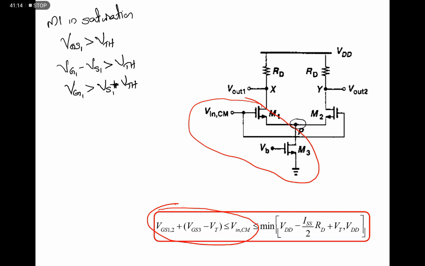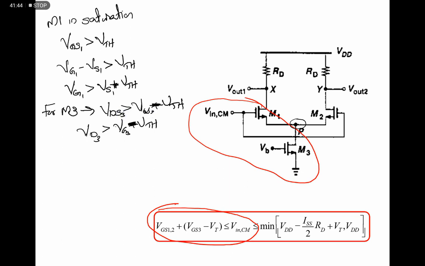So for proper operation of M3, we know VDS is greater than VGS minus VTH, so that the drain-source voltage, or the value of VD, must be greater than VGS minus VTH. Sorry, not plus, VGS minus VTH. So VD3, VG3, here also we will give 3.